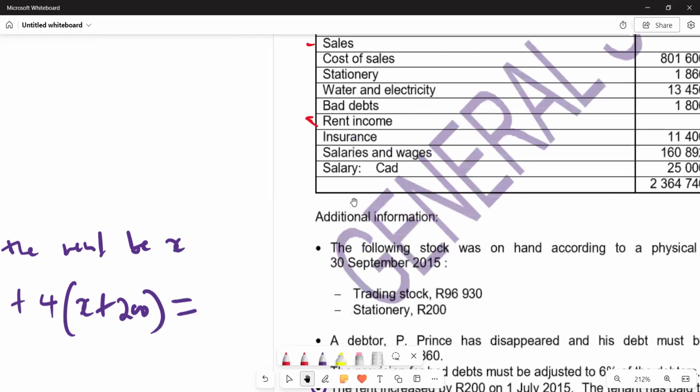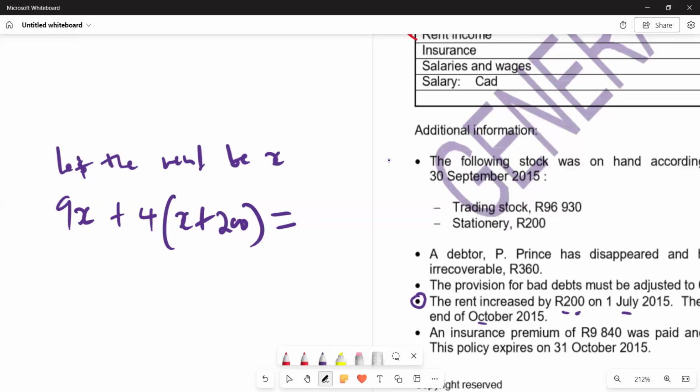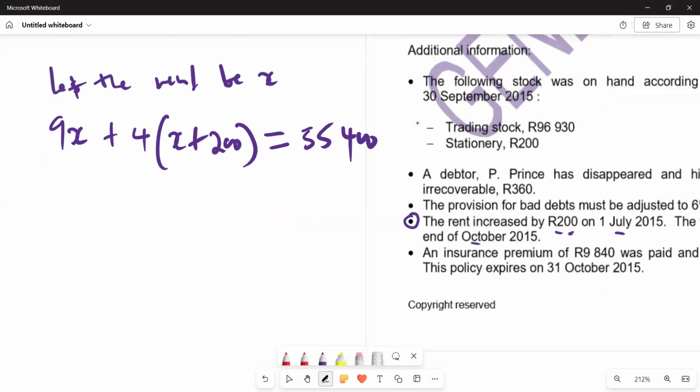So we say it is equal to 55,400. Now we can expand our equation by removing the brackets. We say 9x plus 4 times x, you get 4x, and then 4 times 200, you get 800, and it is equal to 55,400.